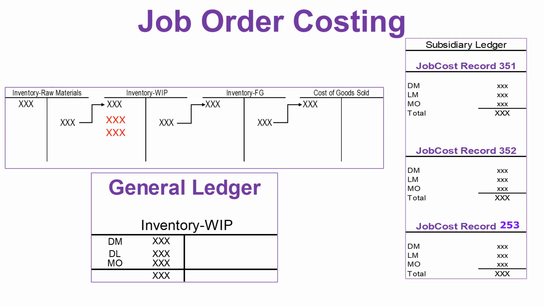Once we've completed the 5 oak tables, we're going to then take this accumulated cost that has been building up in work in process inventory and take it out of work in process inventory because it's no longer in process. We've actually completed production of the 5 oak tables, and we're going to transfer those costs and probably transfer the oak tables physically from the work in process area of the factory into an area set up for the finished goods awaiting delivery to the customers.